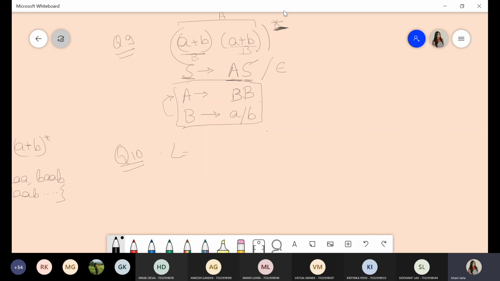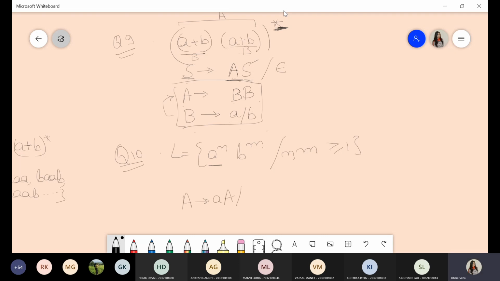Now the language is of the form A^n B^m, where n and m are different, greater than or equal to 1. So A raised to the power n, B raised to the power m, n and m both greater than or equal to 1. Now see what is the difference. A^n I have already done. What was A^n?